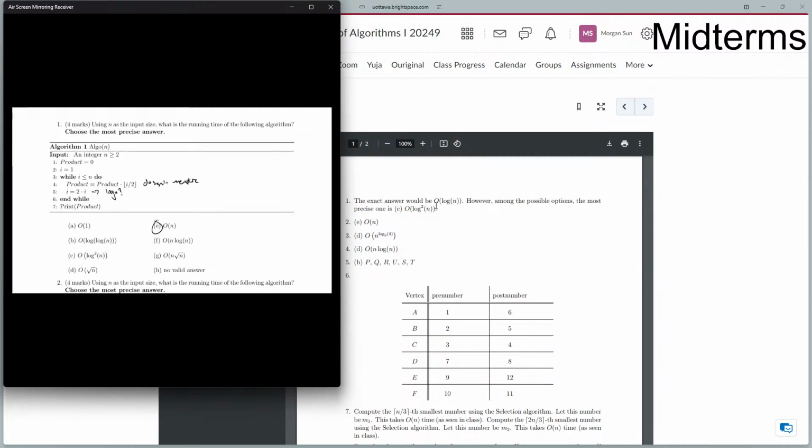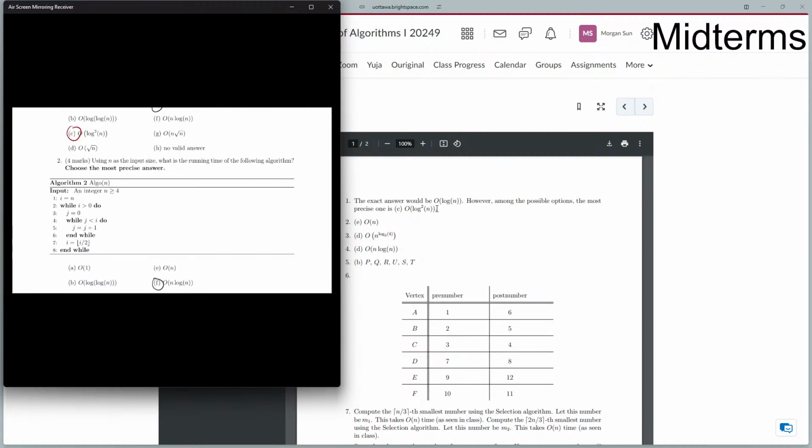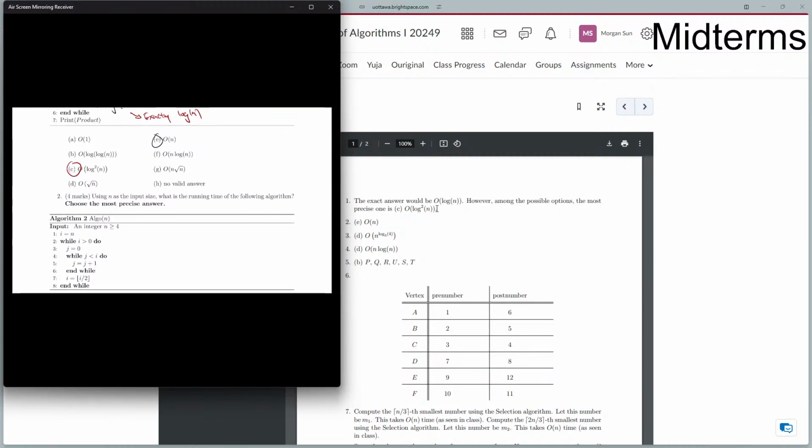Okay, so this is log n. Okay, I knew it. I feel like it had to be O of n. Exactly, log n. I always forget my asymptotic stuff. And then it was either one of these two. Wait, what? This is number 2.